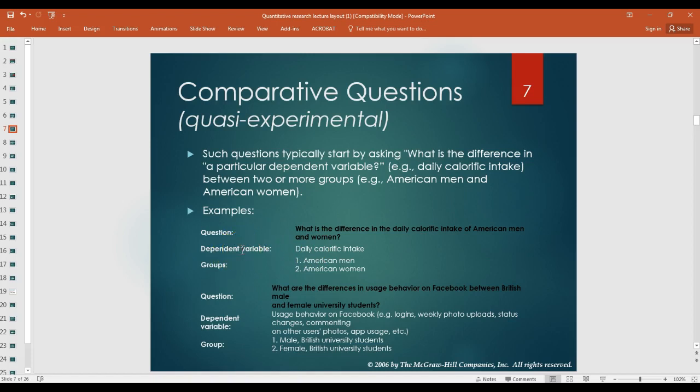It's just a variable. Okay, so in comparative or quasi-experimental questions, you'll most probably find one variable I want to test, because what matters to me is the comparison of two groups, not necessarily the variable. The variable is what I'm testing, but I want to see the two groups, comparing the two groups.